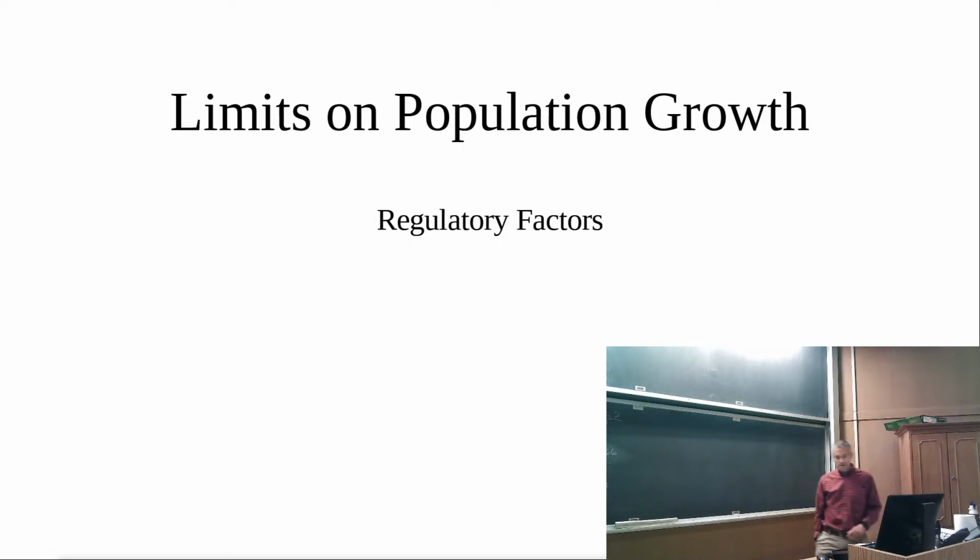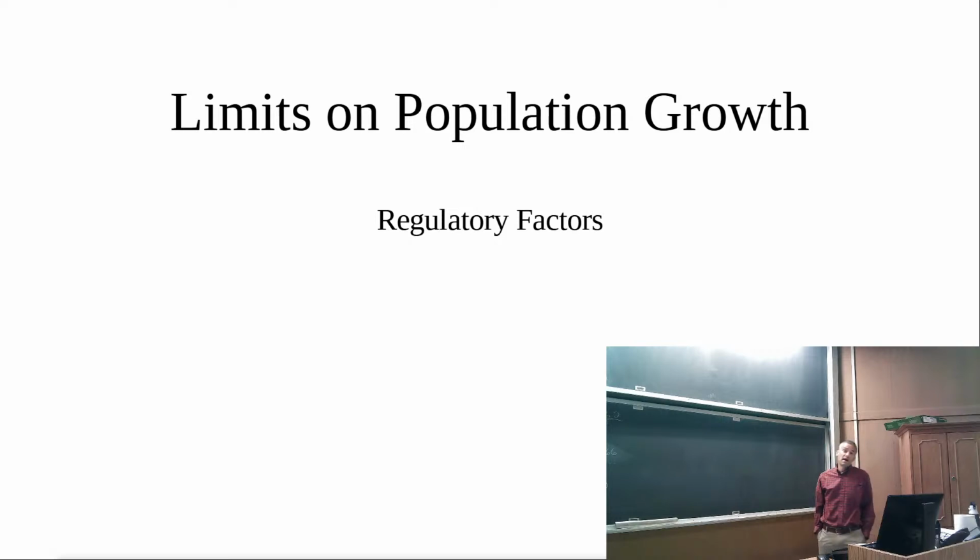All right, ready? We made our assumption for the exponential growth that we basically have unlimited resources, constant R, no age, genetic structure, no time lags, no migration or anything. But we know that that doesn't happen.